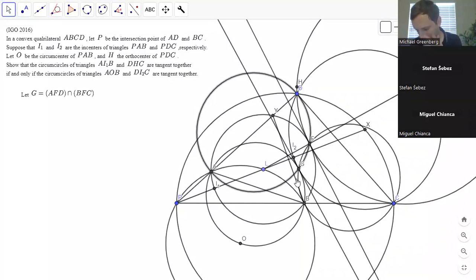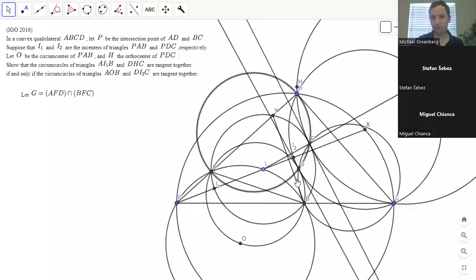Let me think about this. So ADG, so PDG plus PCG. I thought I had it for a sec, but now I lost it. So give me just a moment. So AGB is 360 minus that, which is that plus that. So PDF plus PCF, which is 180 minus FDC minus FCD minus angle P, which is 180 minus 2 angle P.